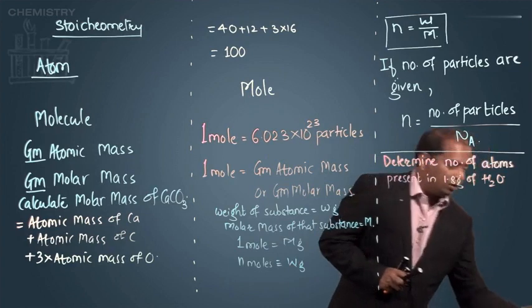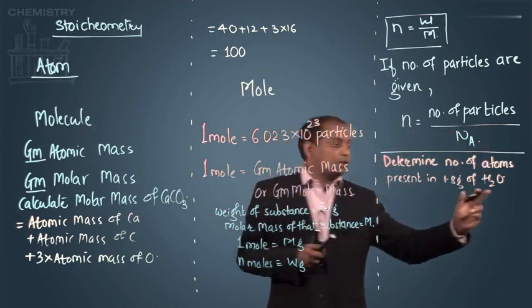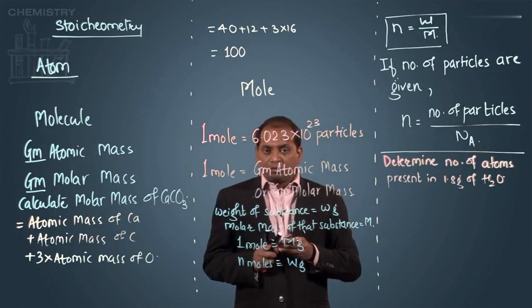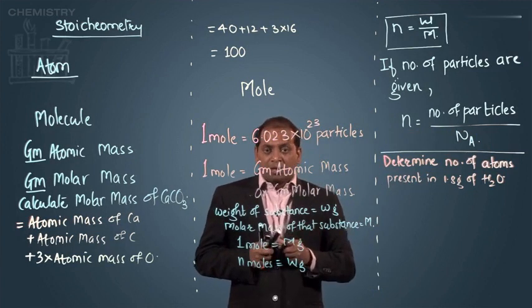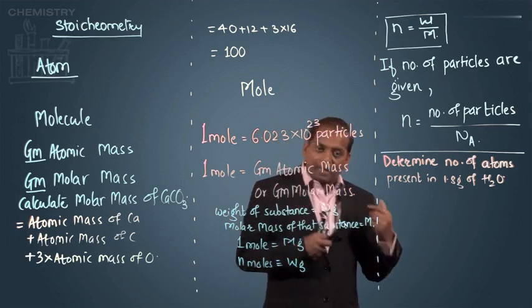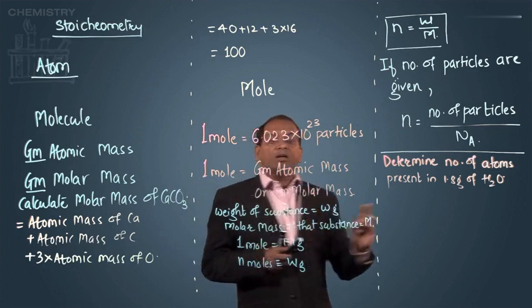First of all, we have to determine atoms, and H2O is a compound. A compound consists of molecules and a molecule consists of atoms. So first of all, we have to determine what? We have to determine molecules.